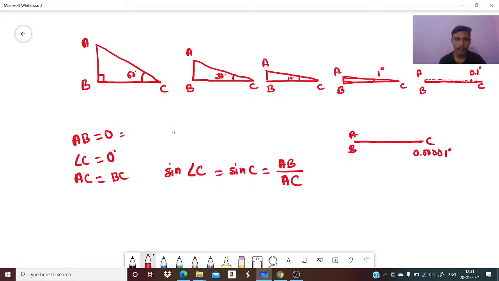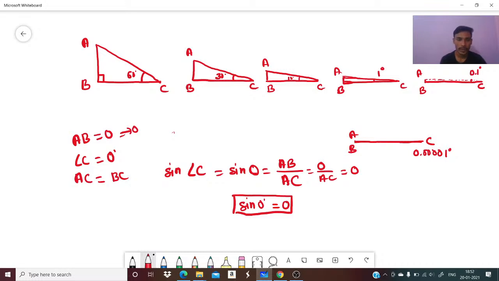From this equation, you know that AB is tending to 0, so sine C is equal to 0 by AC, which is equal to 0. So I say that sine of 0 degrees is equal to 0. Therefore I have the value of the sine ratio of 0 degrees equal to 0.